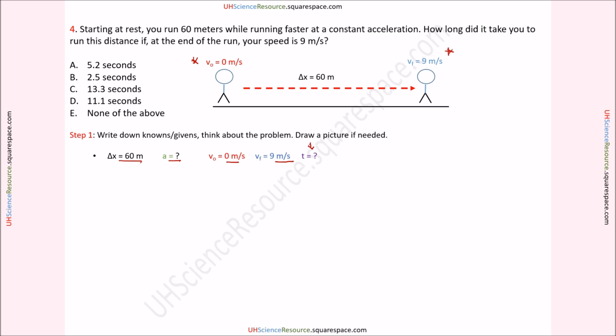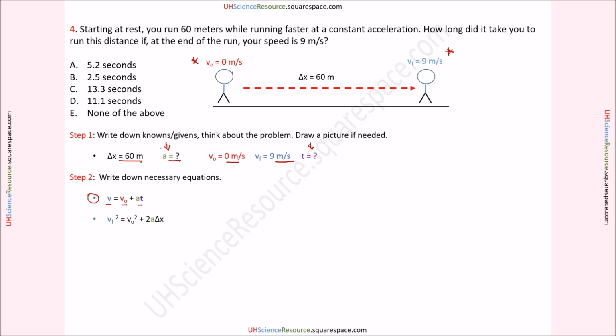If we're initially at rest and we run a certain distance and we have a final velocity, and we're told that we have a constant acceleration and we need to figure out the time, we can use the equation final velocity is equal to initial velocity plus the acceleration times time.